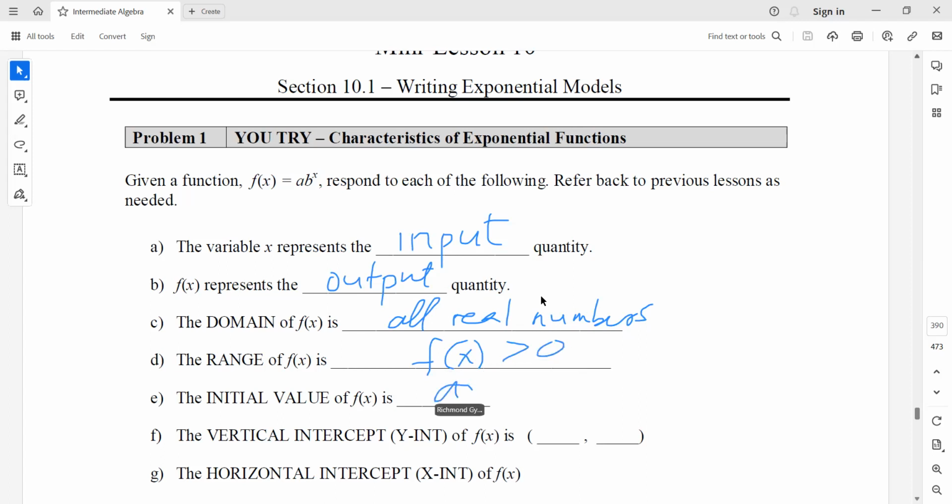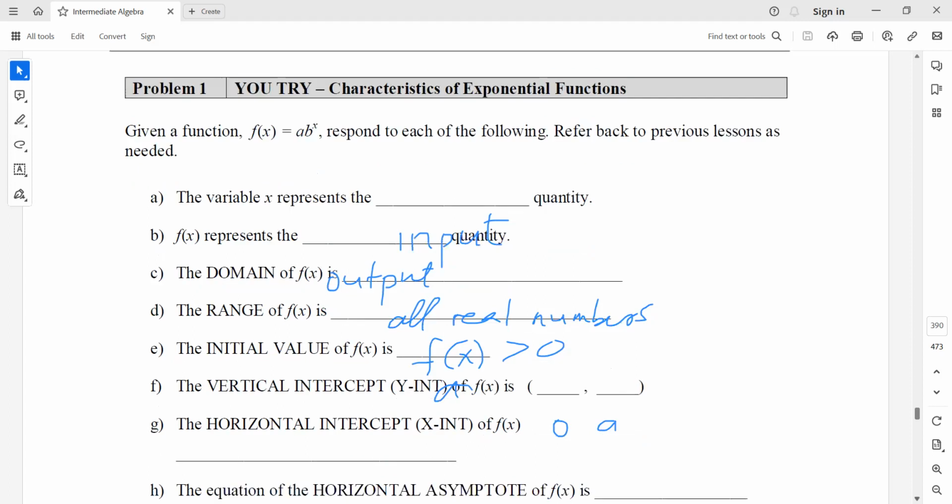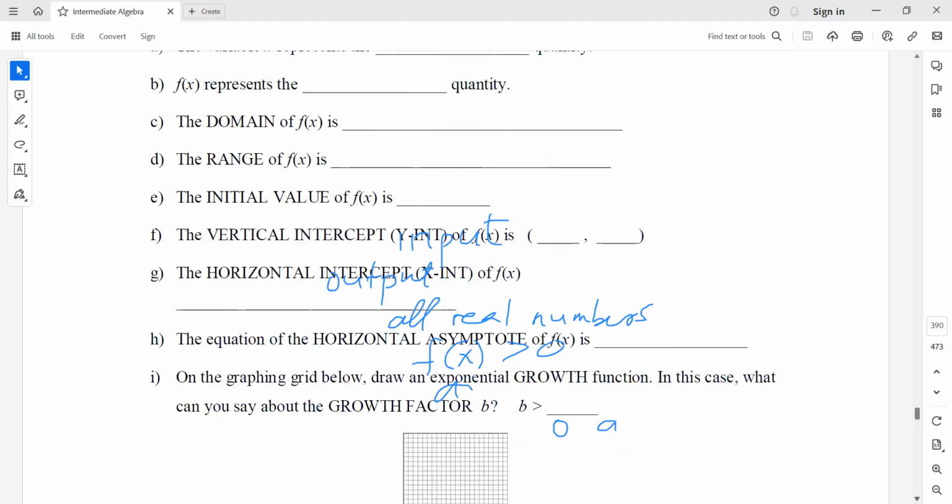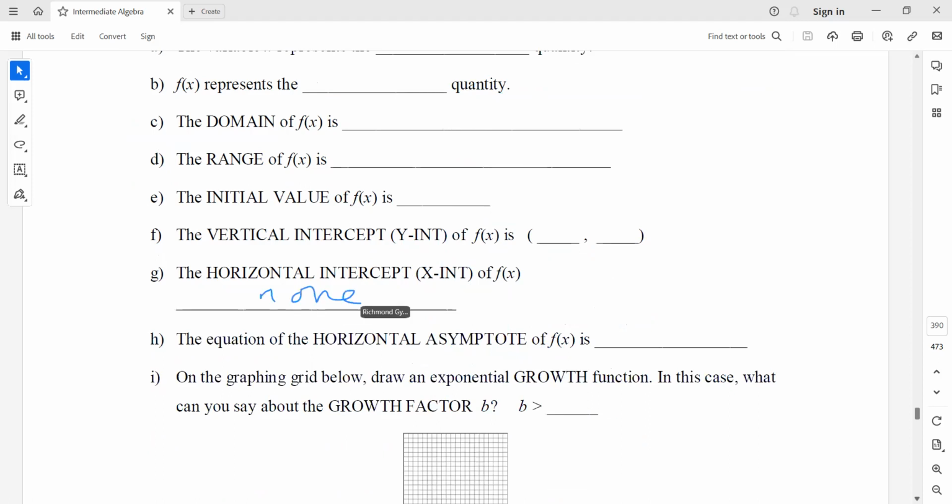The initial value is a. The vertical intercept is (0, a). And then what about the horizontal intercept? It's none. The equation of the horizontal asymptote is y equals 0.